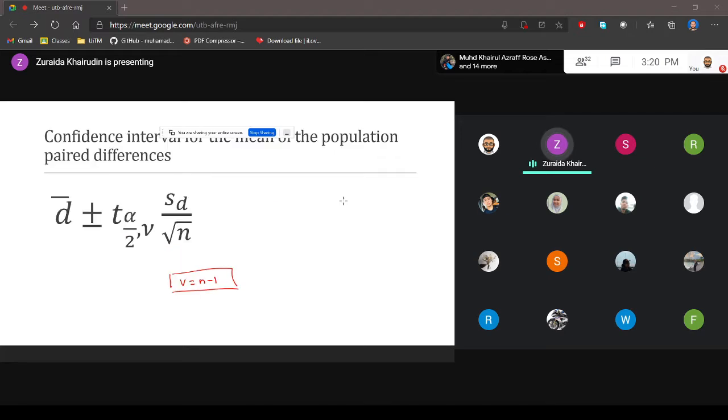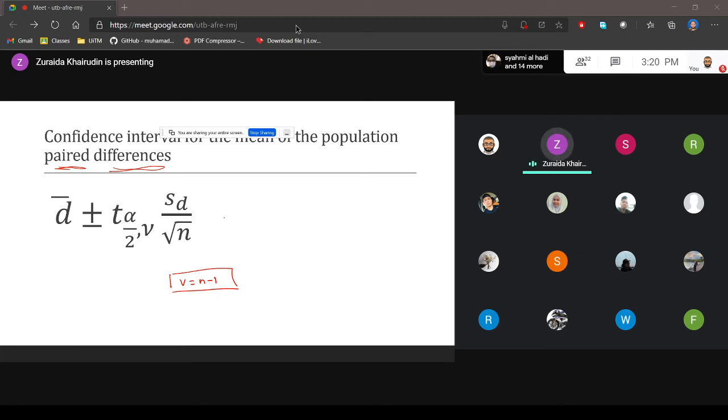Next, this is the paired differences I mentioned just now. Make sure you know how to differentiate this from the two population means, students usually confuse the two. For paired differences, we use the same sample. For example, we have 8 participants, we want to know before and after a diet program.